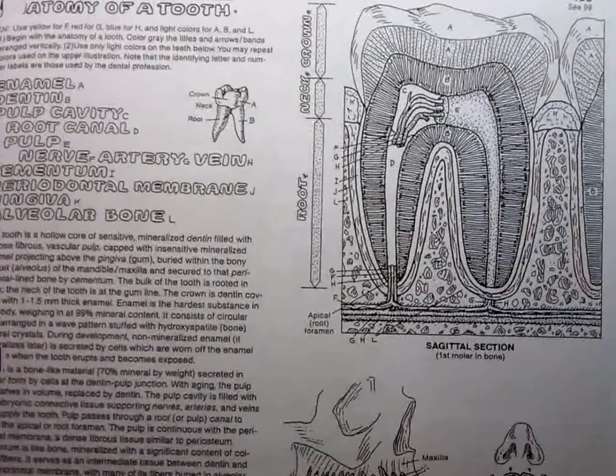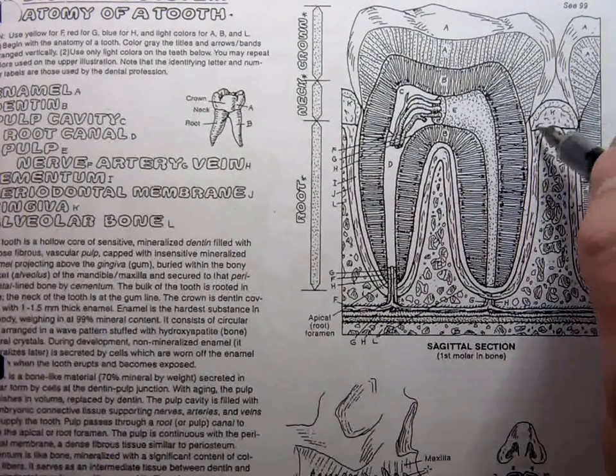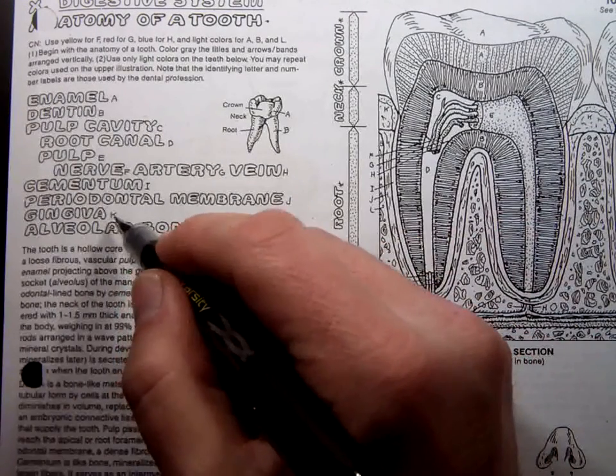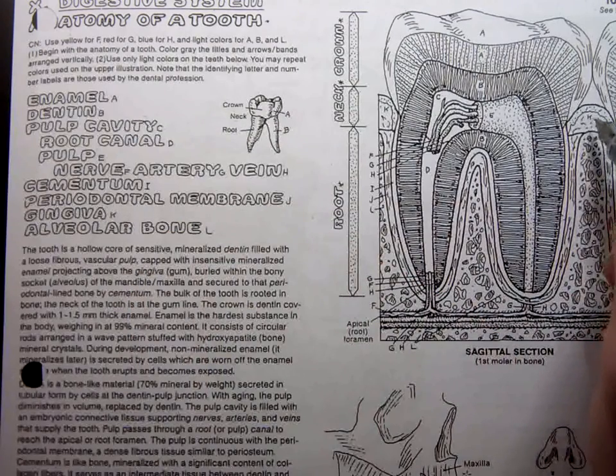Oh, I didn't mention one thing right here, the gums. The gums right here above that pink tissue right there is called the gingiva. What do we call an inflammation of that? Gingivitis. Gingivitis, due to a bacterial infection. Healthy gums are pink. Unhealthy gums are red because they have to have more blood.